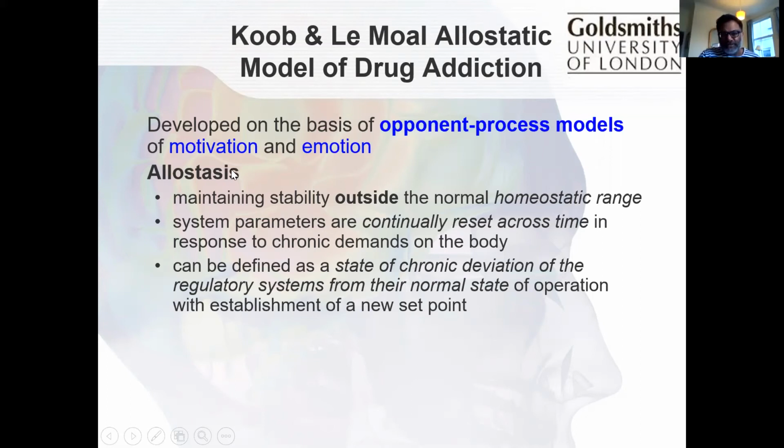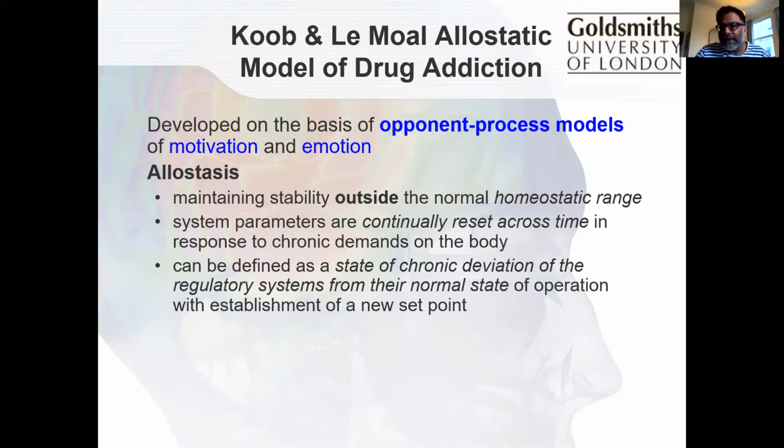But allostasis is trying to keep stability when we go outside this range. And what's happening within this system is that it's continually changing across time because of the demands on the body. And the reason for this is that our body is set up to try to deal with extreme conditions.